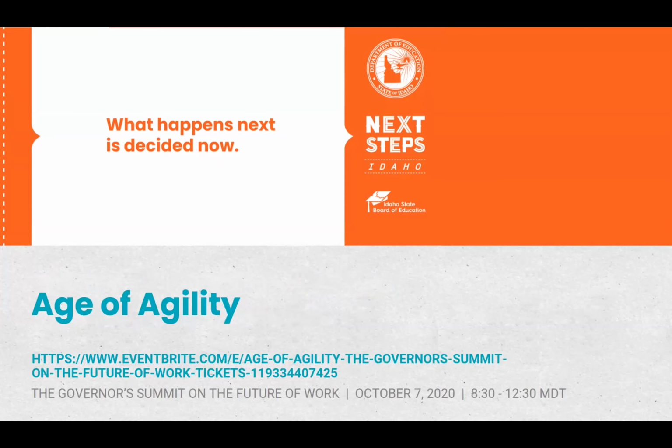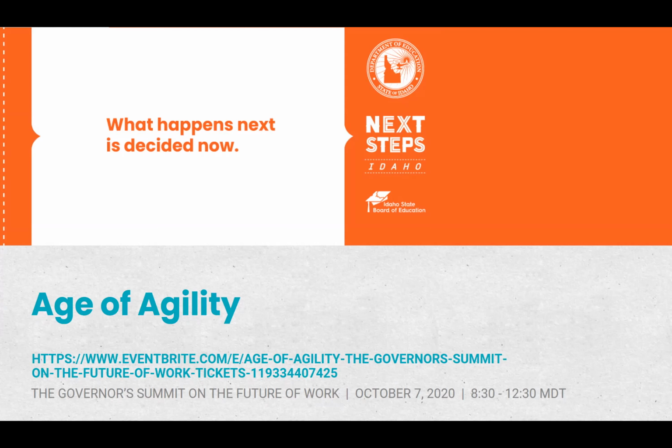And then finally, coming up on October 7th, the Workforce Development Council has been putting on an Age of Agility conference. This is the third year. The great thing about this year is it is open to everybody. It's a free event. The governor will be one of the highlighted speakers.